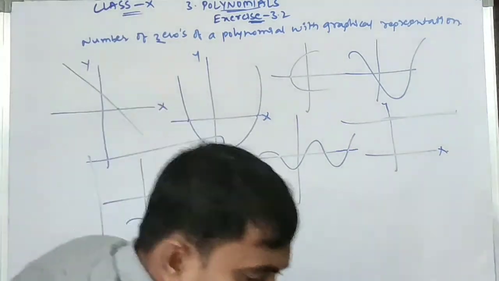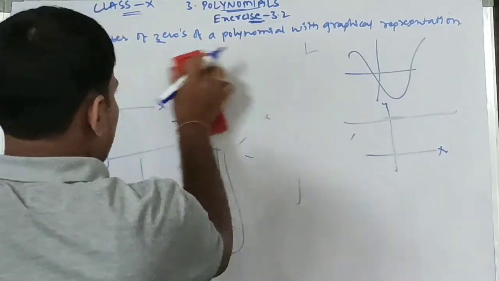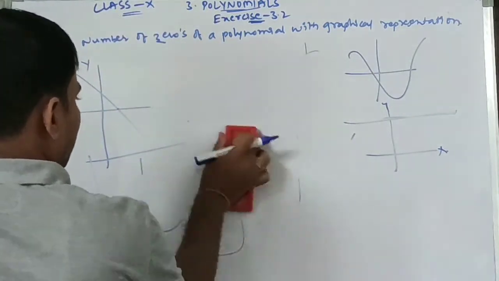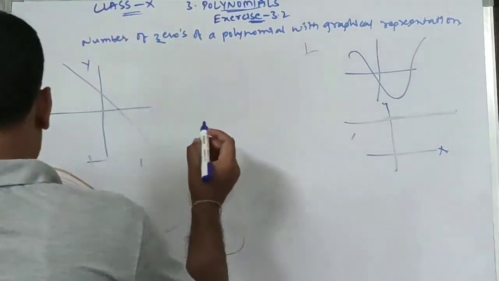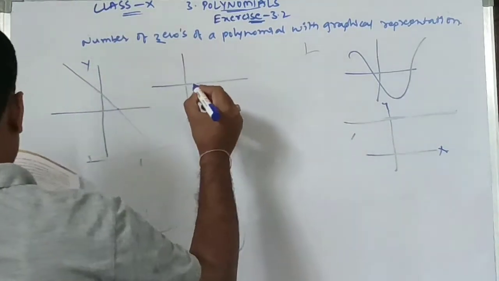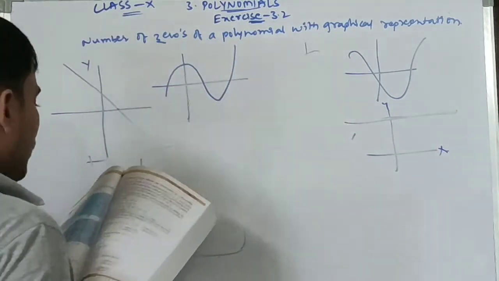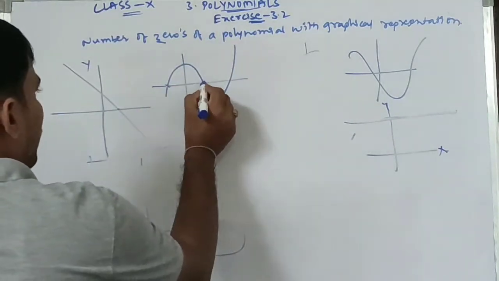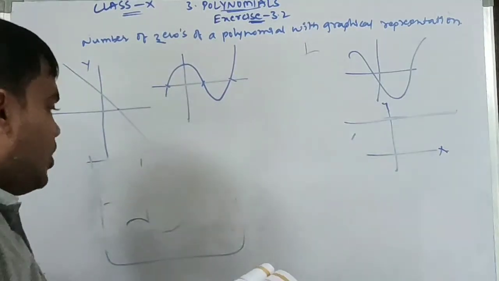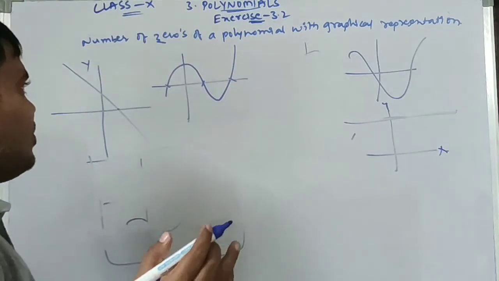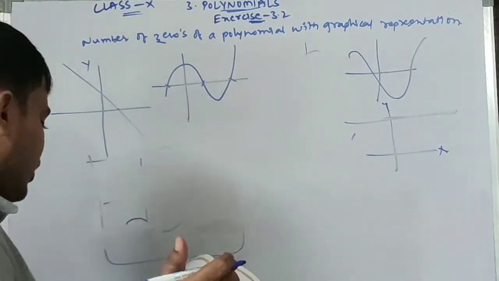Next, the third one. The curve is like this. How many points? 1, 2, 3. So the number of zeros of this curve is 3.